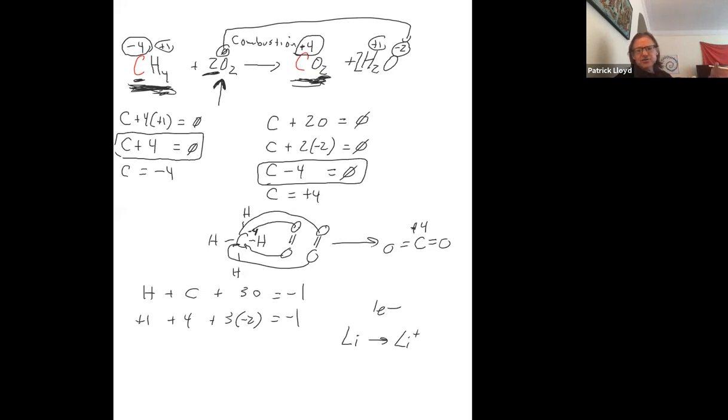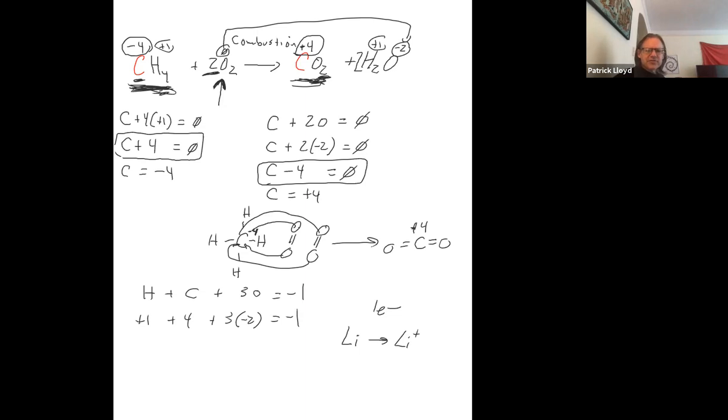So it got oxidized. When something gains oxygen, it gets oxidized. When something loses oxygen, it gets reduced. You can't really see that in this particular equation, but when something loses oxygen, you have less oxygen, so it got reduced.